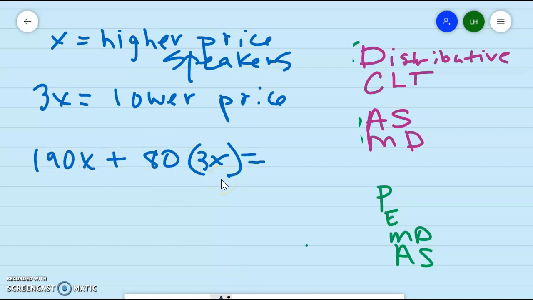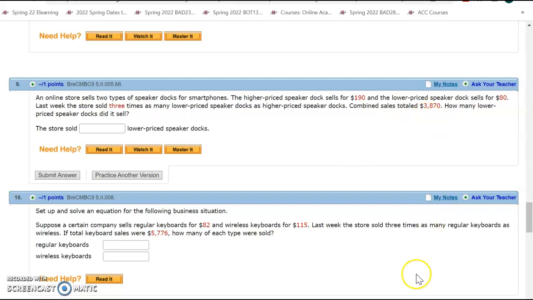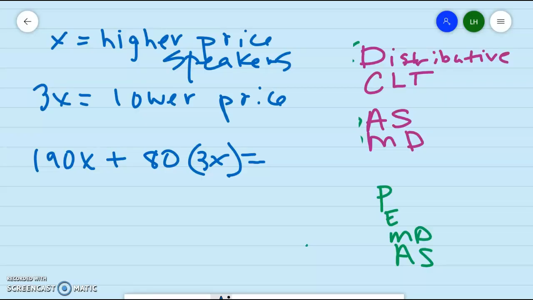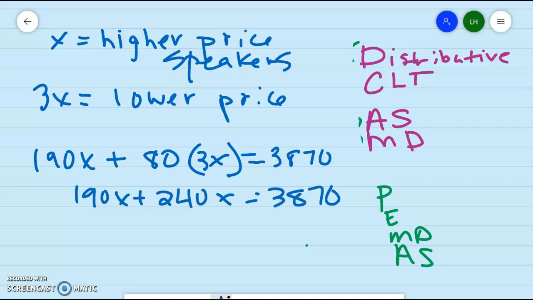So the amount of higher price was $190 and $80 for the lower price. And we sold a total of $3,870. So we want to put equals $3,870. So if you add 190x and 240x, then you're going to combine your like terms.